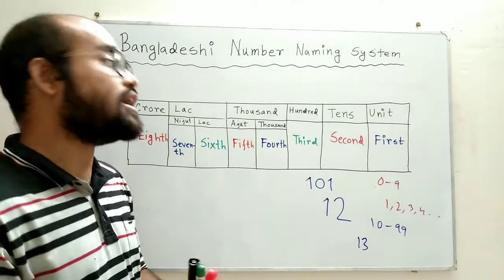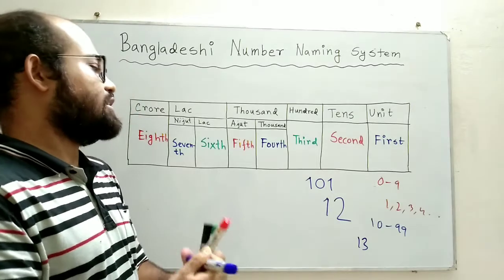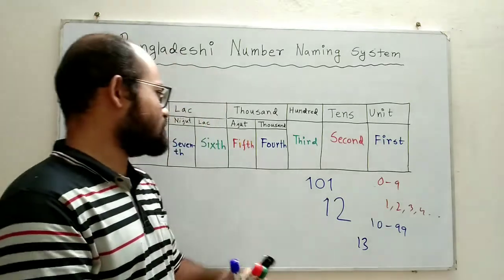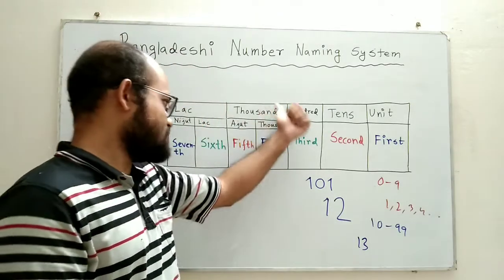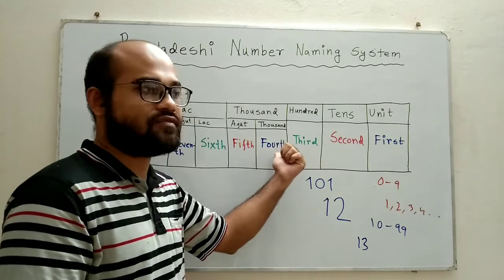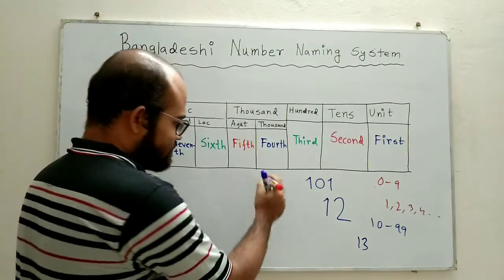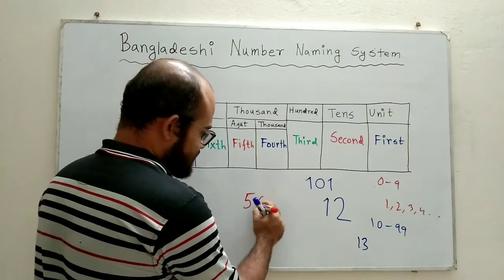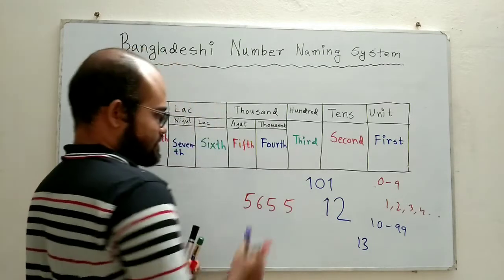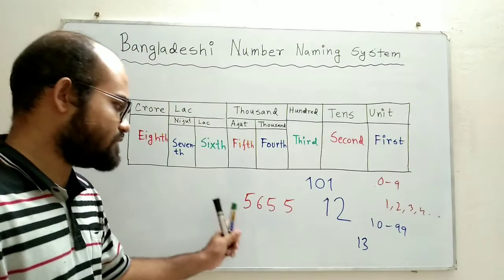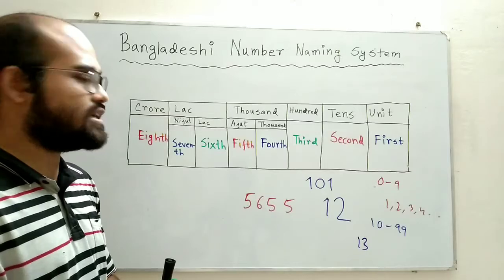I call it one hundred one. Now moving on to the fourth place, what do I have? I have 1000. So if I have a number such as 5655, I call it what?